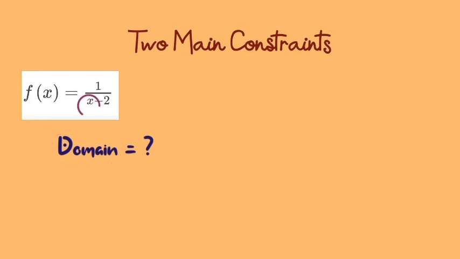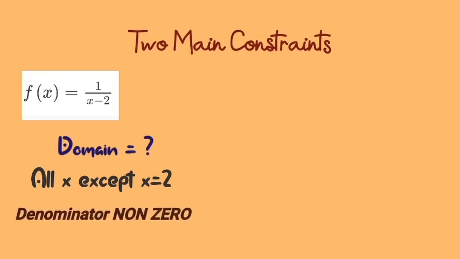Can x take any value in here? Yes, all but one value. The domain will be all x except x equal to 2. That's the first constraint. The denominator has to be non-zero, because if it is 0, then the function will be undefined.